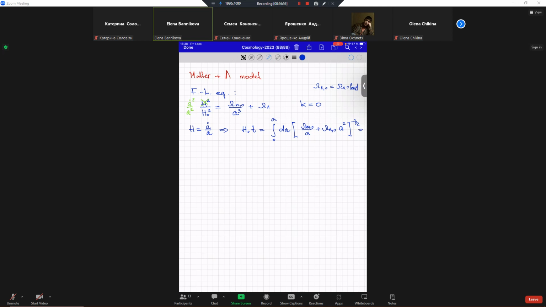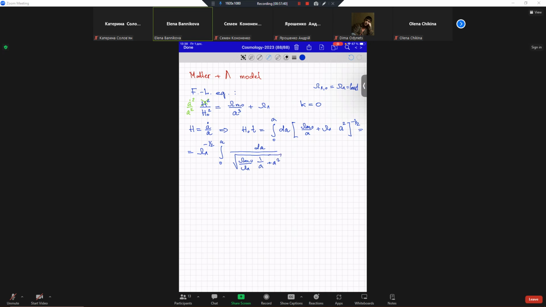So if I integrate it, I take omega lambda outside of the integral, and I will have the integral from 0 to a of dA divided by omega m0 divided by omega lambda, 1 divided by a plus a squared.